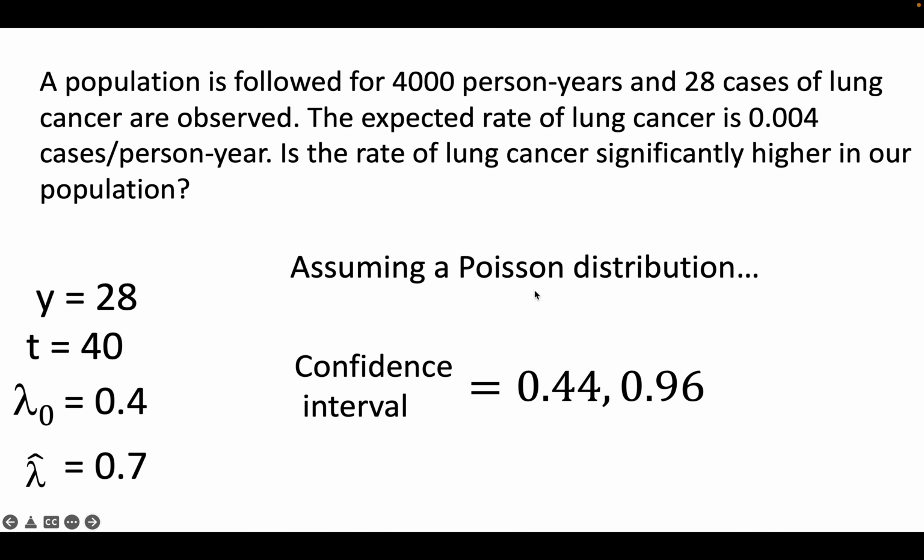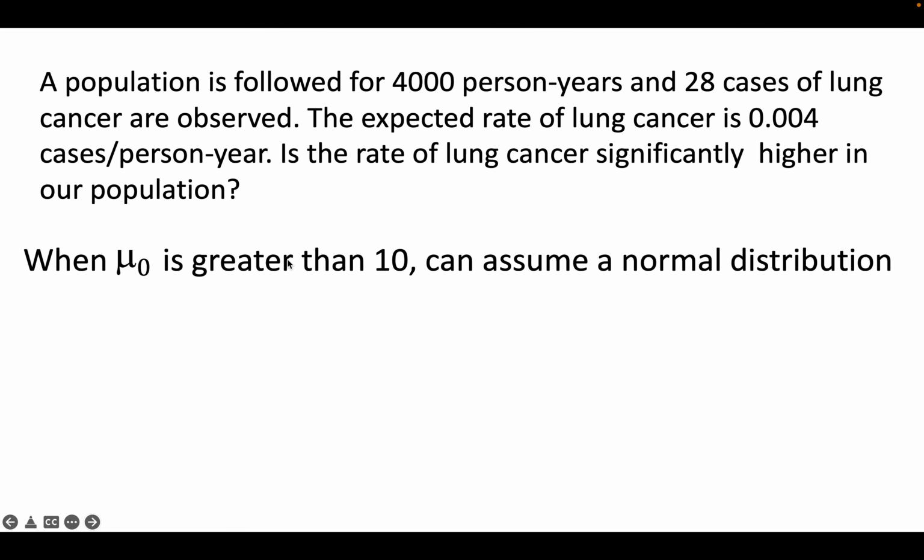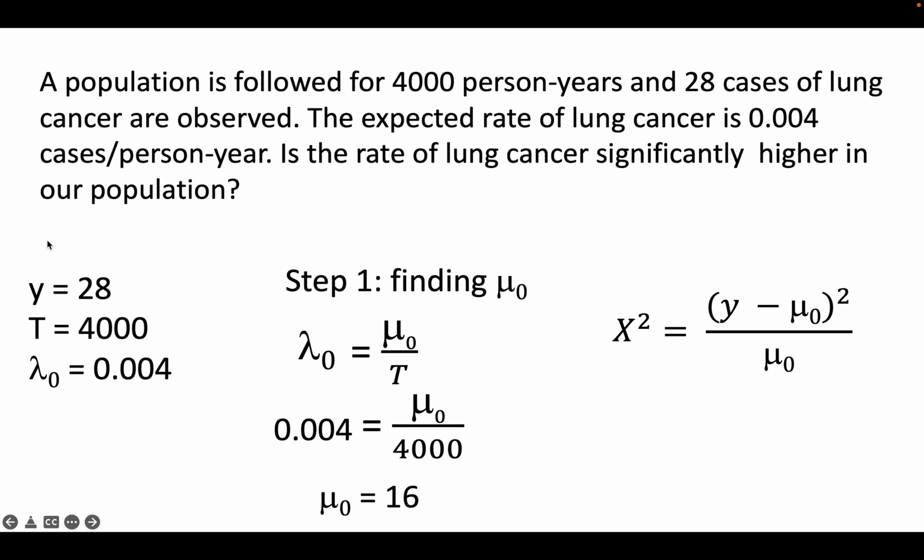But that's not as good as if we were able to assume a normal distribution, where as soon as the mean number of events exceeds 10, we can start to assume a normal distribution. To do that, we're able to approximate it with a chi-squared statistic. So to start, we would figure out the expected mu naught.